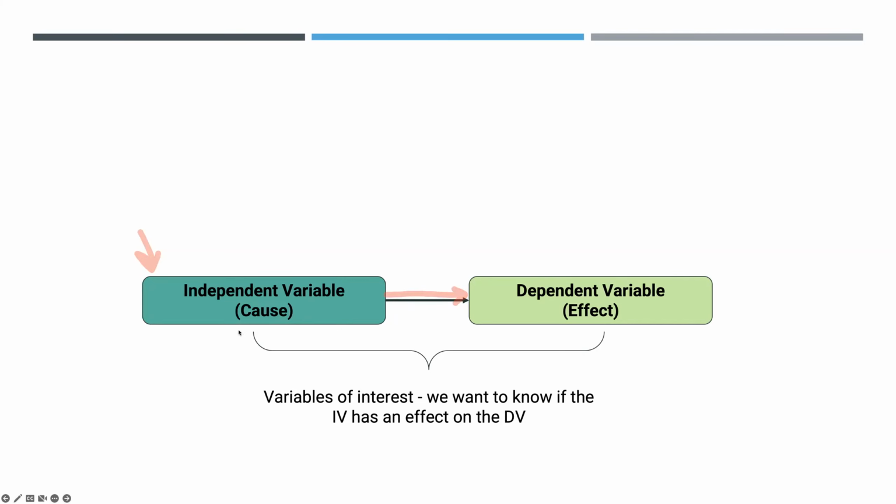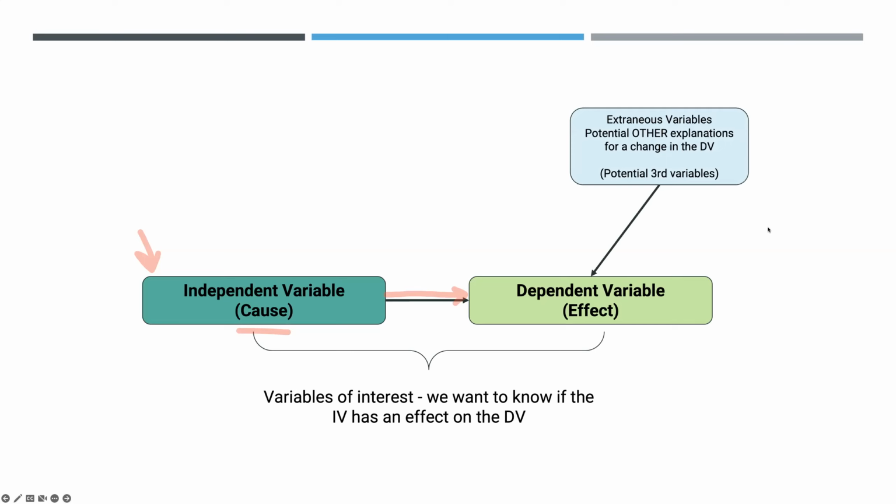We're not just measuring the independent variable, we're actually going to change it. Think about it as physically pushing the dependent variable. When you change something in the independent variable, you think it's going to push our dependent variable in one direction or another. So extraneous variables are potential other explanations for a change in the dependent variable.